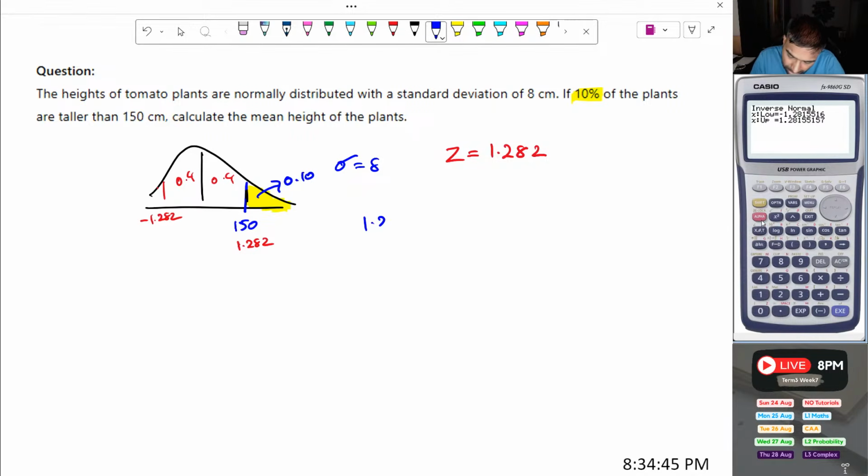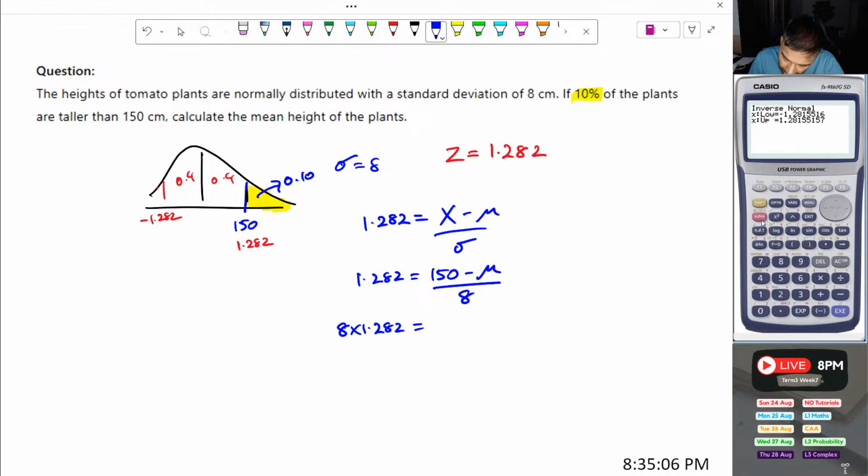So we've got 1.282 equals X minus the mean over standard deviation. So 1.282 equals 150, take away the mean, divided by standard deviation, which happens to be 8. So cross multiply it. We got 8 times 1.282 equals 150 minus mu.